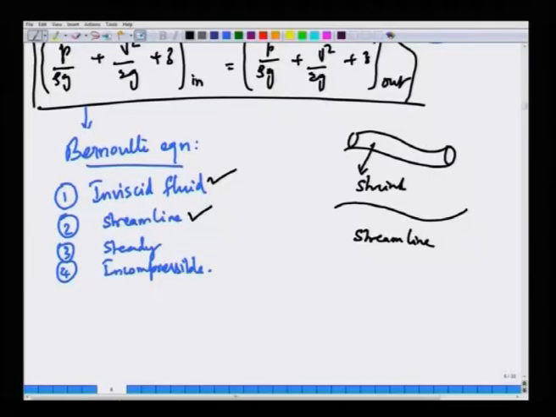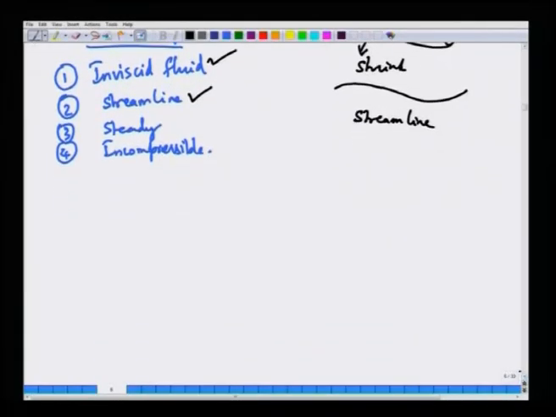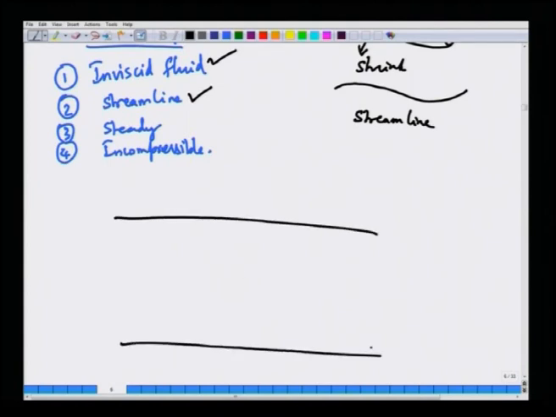So we can ask the question, when can the Bernoulli equation be valid? Suppose you have a flow past an airplane model, a tiny model airplane, and let us say the airplane is stationary and flow is coming like this, very close to the solid surfaces.